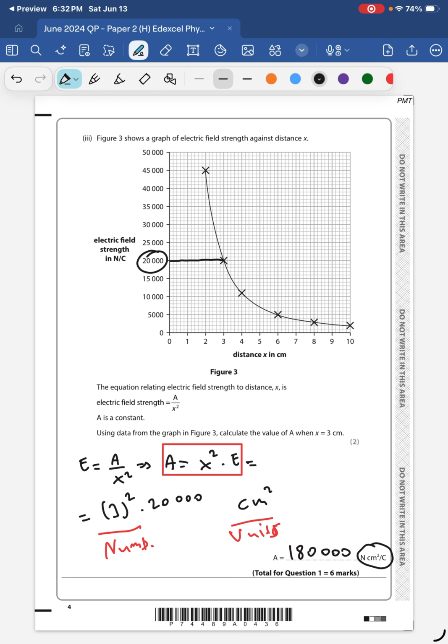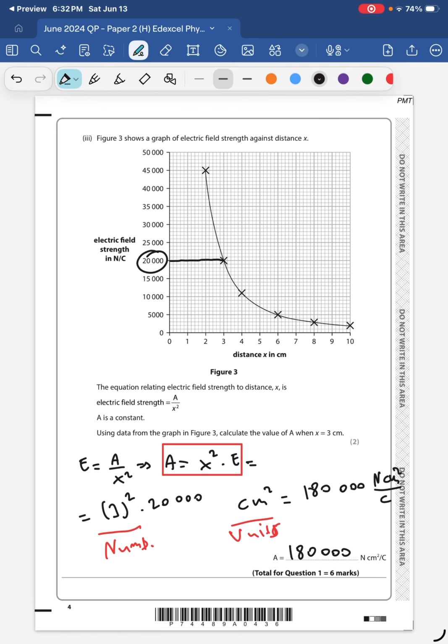So 180,000 newtons times squared centimeters over C.